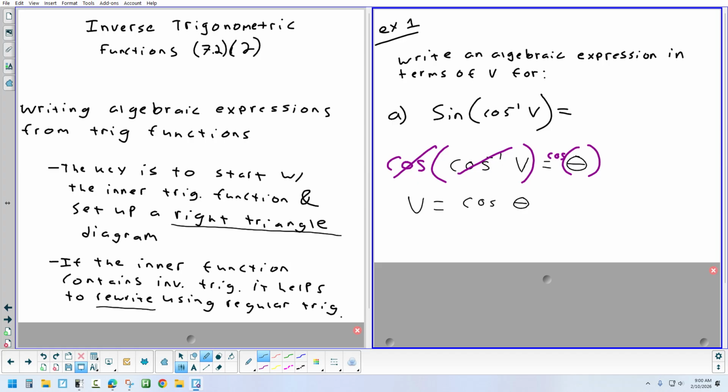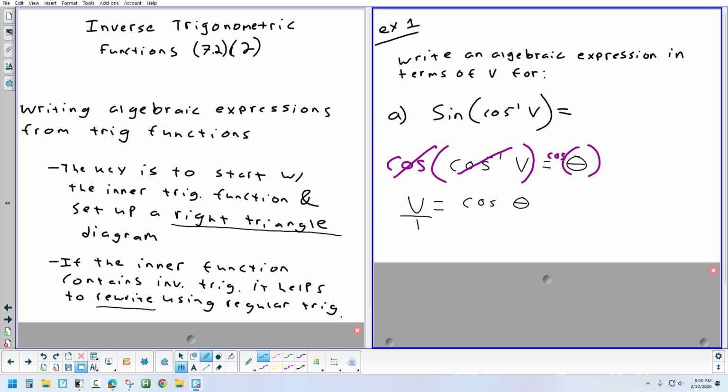How can I make the left side of this a fraction? You just put v over 1. You'll see why in a little bit.